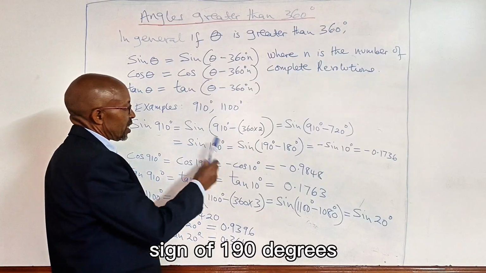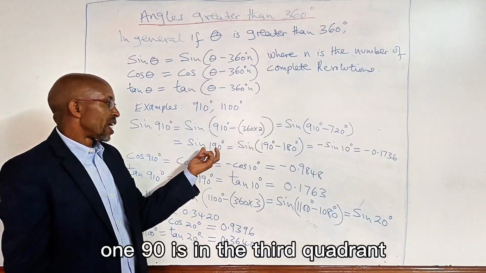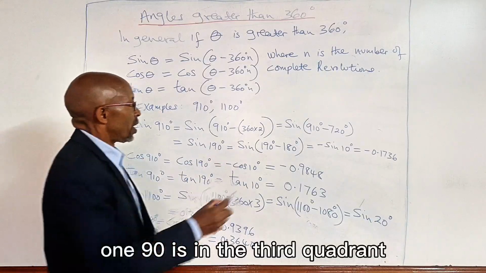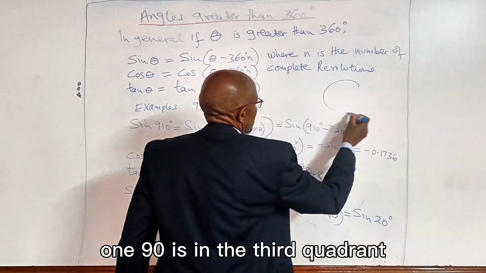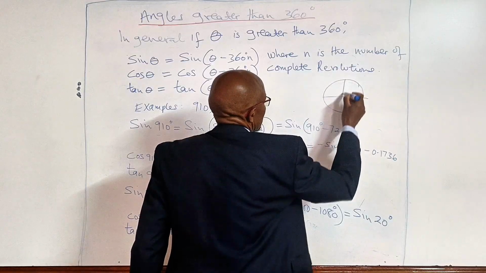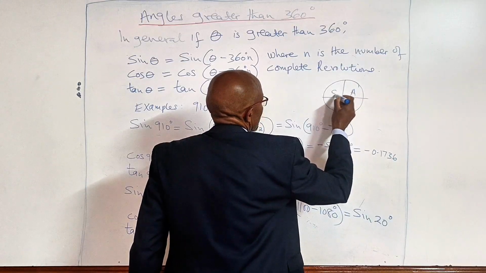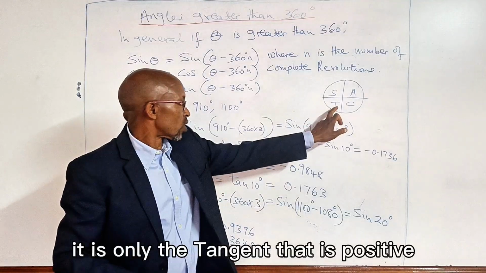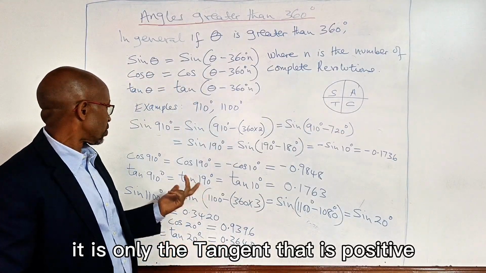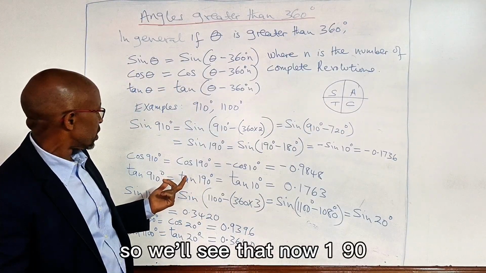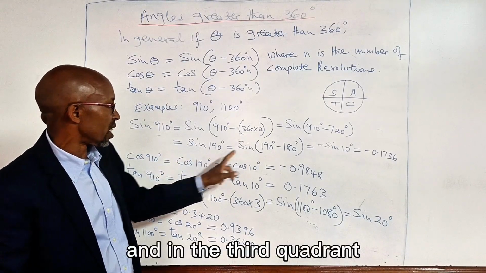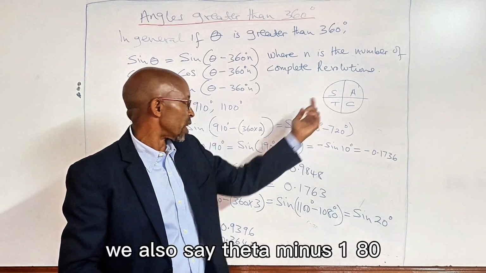Sine of 190 degrees, 190 is in the third quadrant. And in the third quadrant, it is only the tangent that is positive. So we'll see that now 190 is greater than 180. And in the third quadrant, we always say theta minus 180.